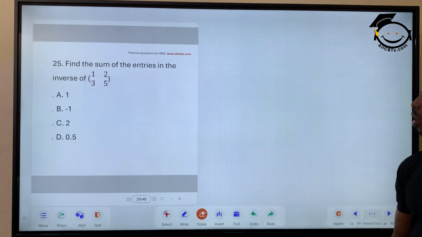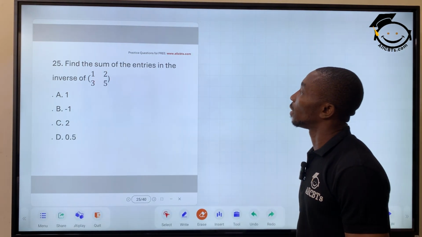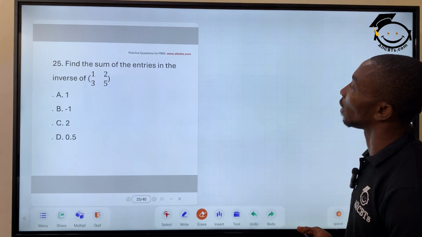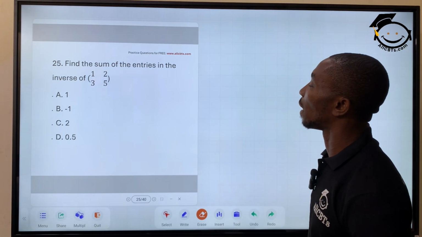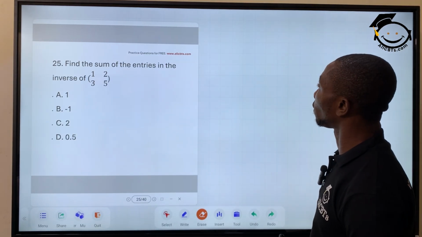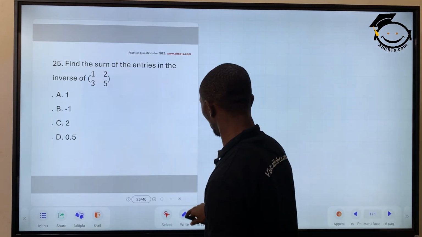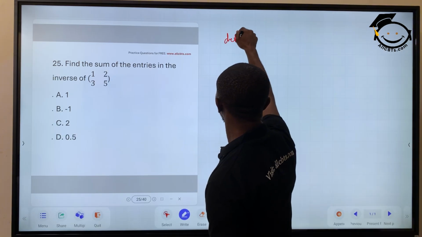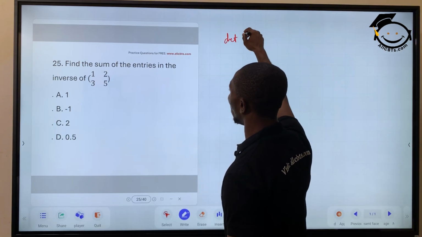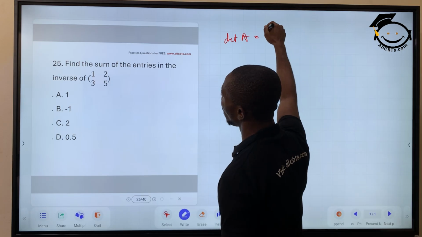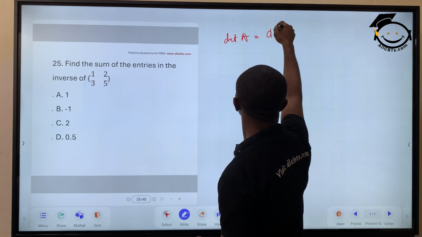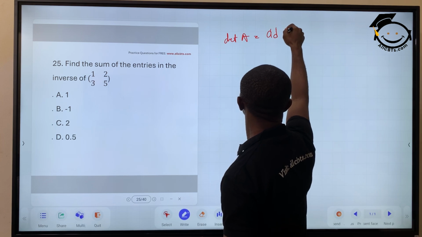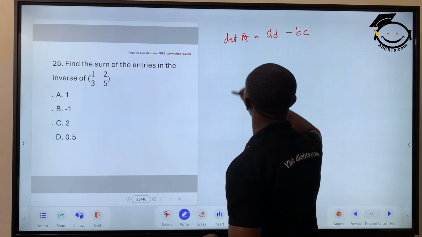Okay, it says find the sum of the entries in the inverse of 1, 2, 3, and 5. Well, first of all, find the determinant. So for us to get the determinant of our matrix, let's call it matrix A, our determinant will be ad minus bc.